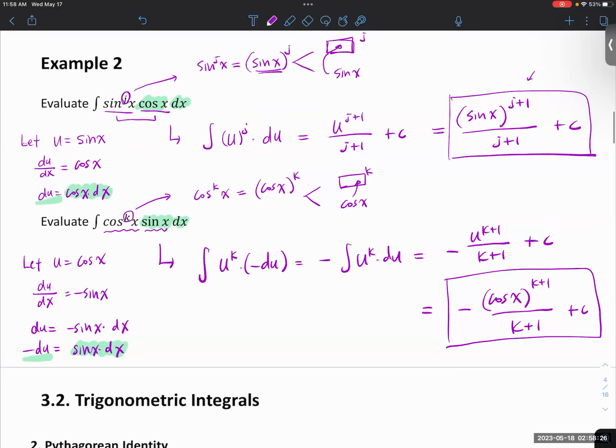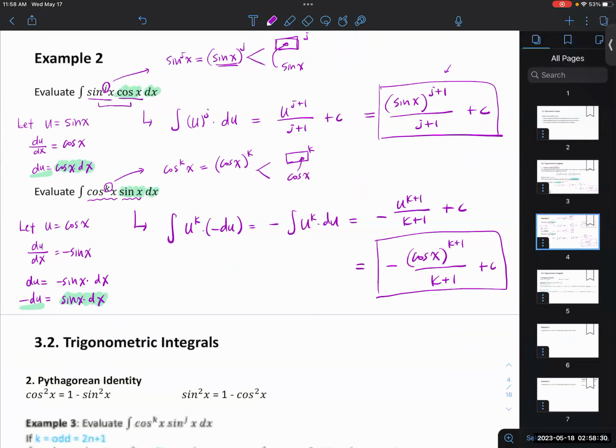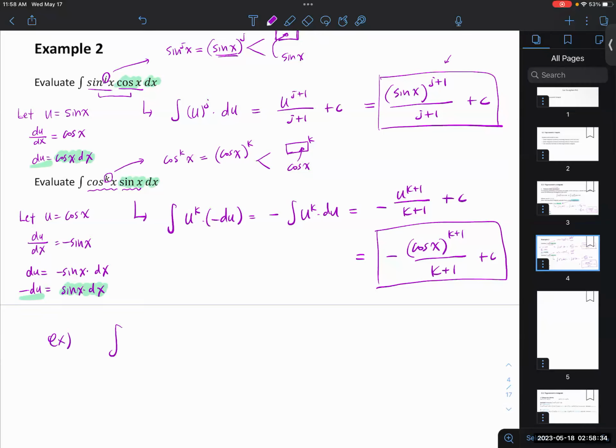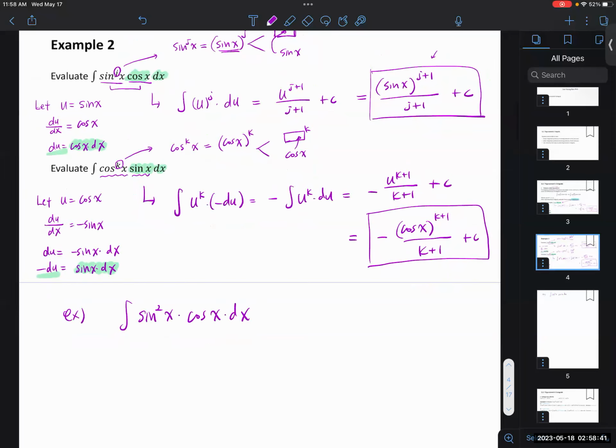So something is getting better and better. Let me create an example. Let's say we have sine squared times cosine x dx. We already know whenever you have a power of the sine x function, you just increase that power.